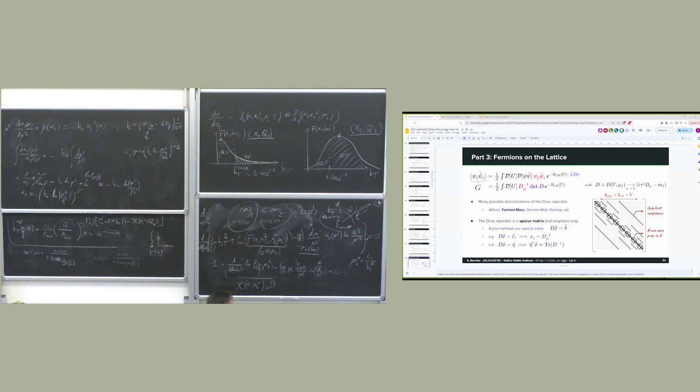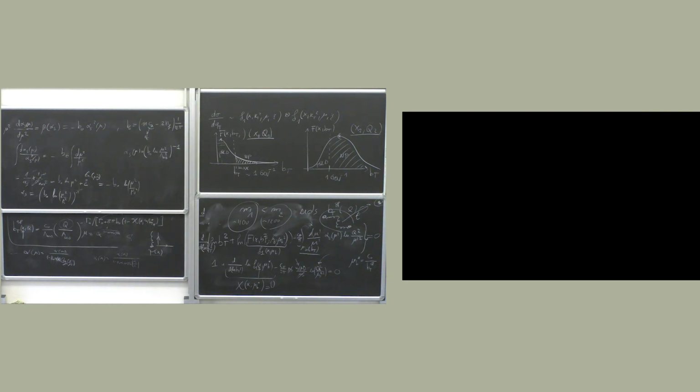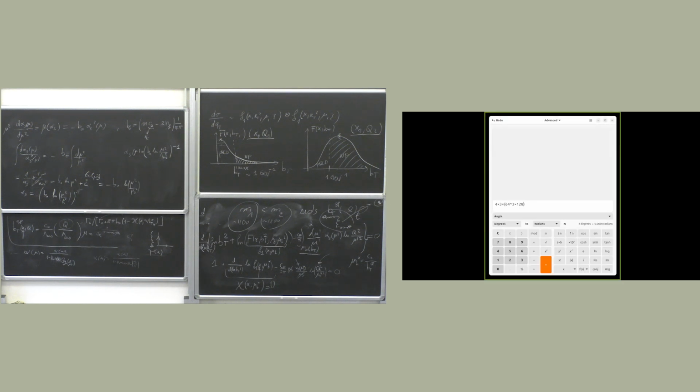But you don't see it there, sorry. Just a second, let me share the whole screen. Why doesn't it let me share the whole screen? Anyway, let's share the calculator for a second and then we go back there.